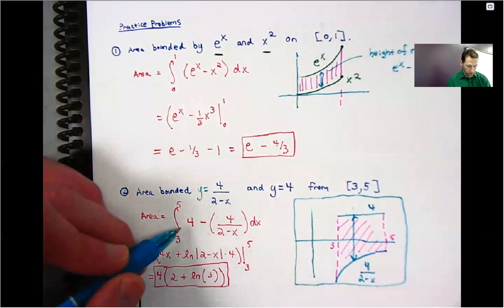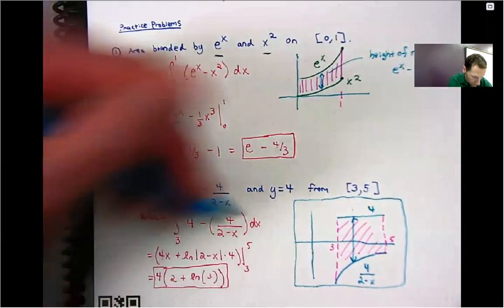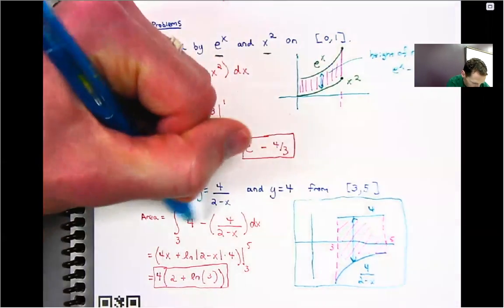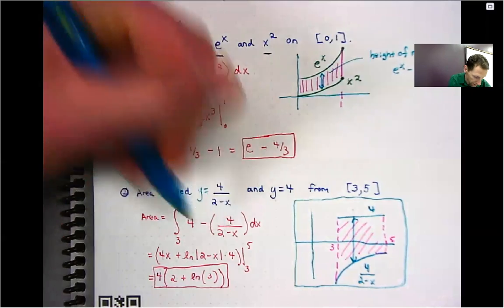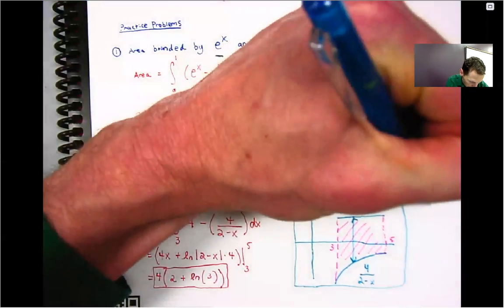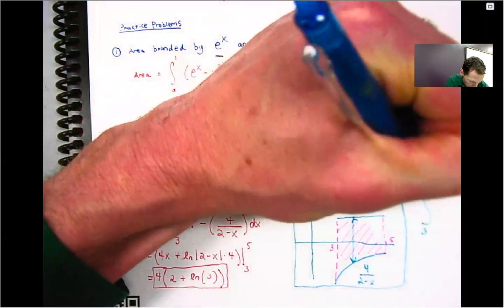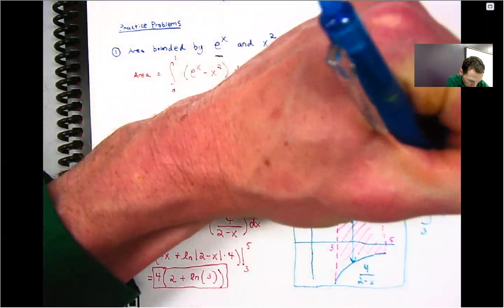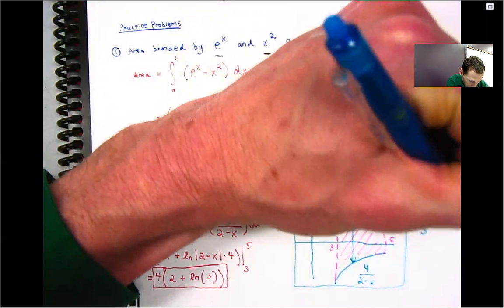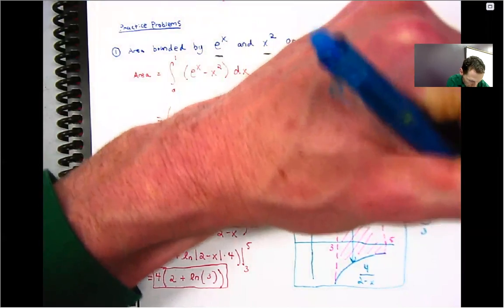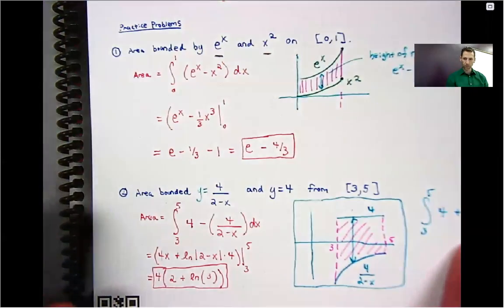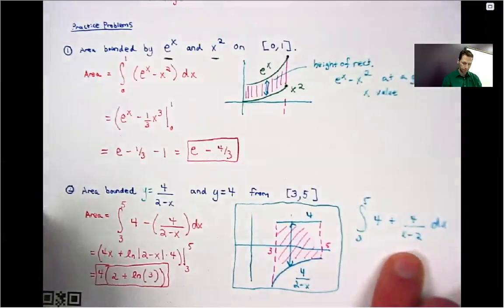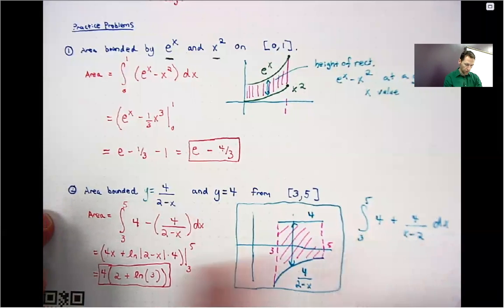Now, in this scenario here, it may be easier for you to factor in that minus in the denominator. And so I'm going to put the integral aside here. You'd have the integral from 3 to 5 of 4 plus 4 over x minus 2. And the reason why that might be easier for you to look at: the integral of 4 is 4x.